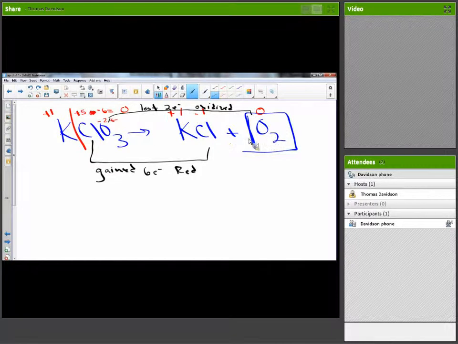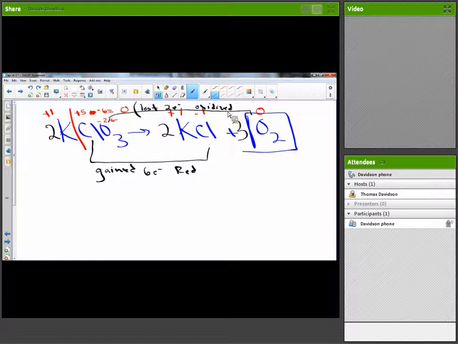Now this doesn't work, right? So we better balance. I have a 2, 3 again. I'm going to put a 3 here, a 2 here, and a 2 here. This is a teeny bit tricky. How many oxygens are here? Right here, 3, but there's 2 of everything, so there's really 6.